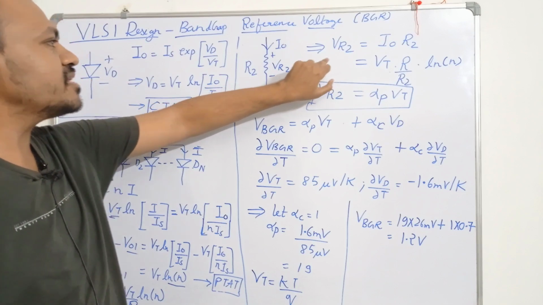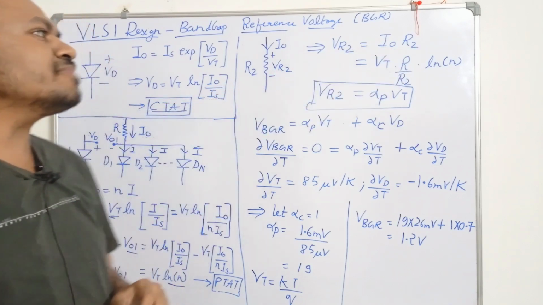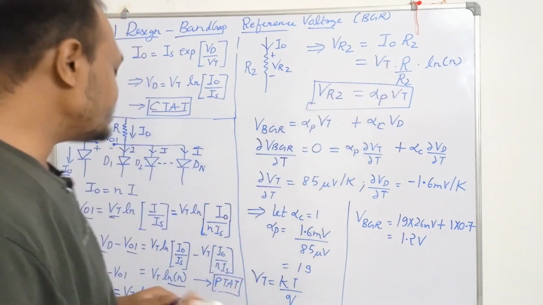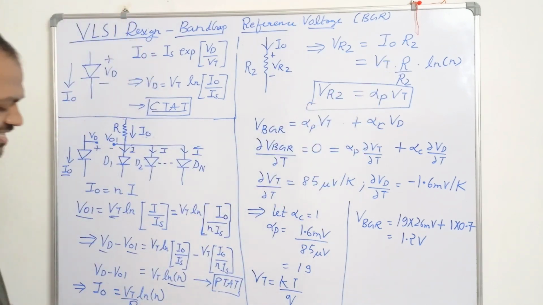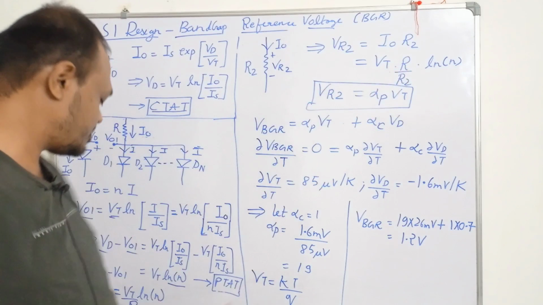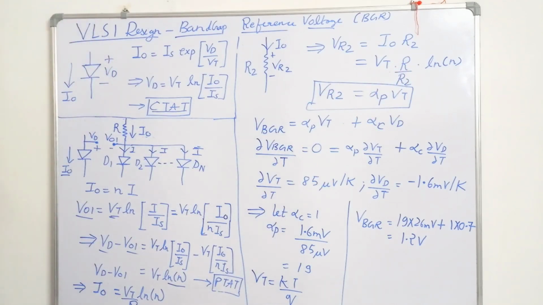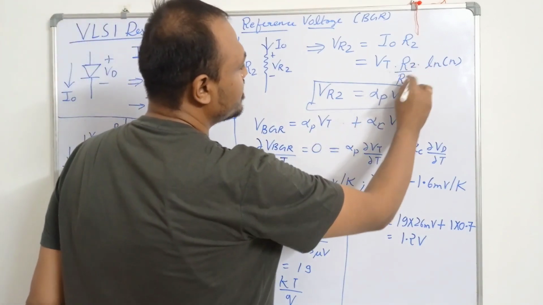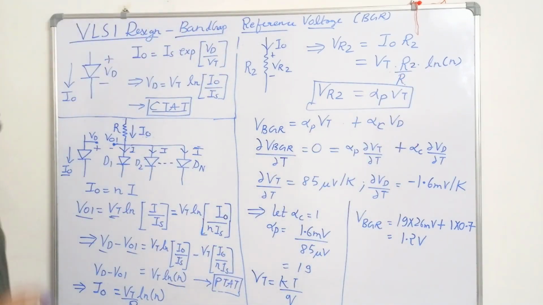So VR2 equal to I0 R2 by simply using Ohm's law. Substituting the value of I0 from this equation, we get Vt upon R into R2 ln of n.